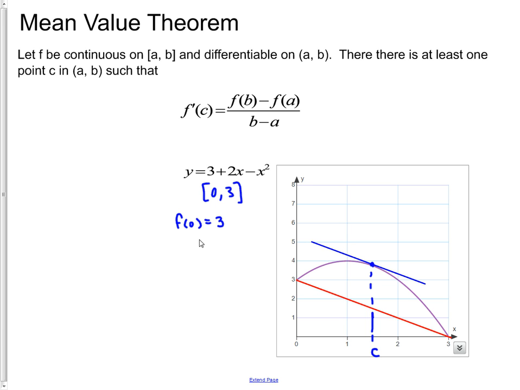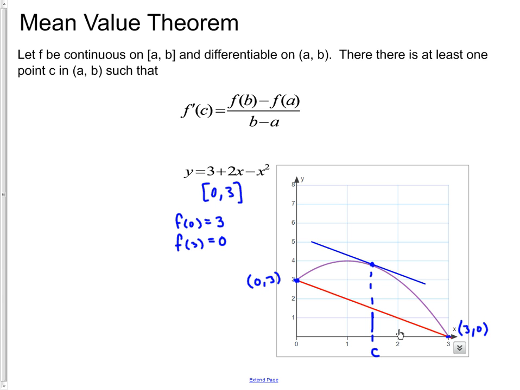So f of 0 is equal to 3. And f of 3 is the value, let's see, 3 plus 2 times 3, that's 6, minus 3 squared, that's 9. Oh, that's 0. Well, just like it looks right here on the graph, this graph passes through the point 0, 3 and the point 3, 0.